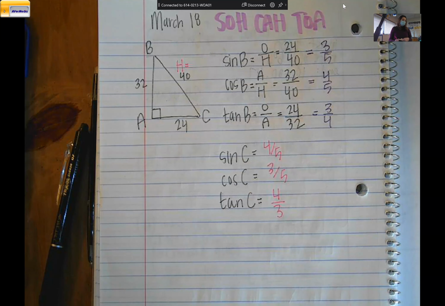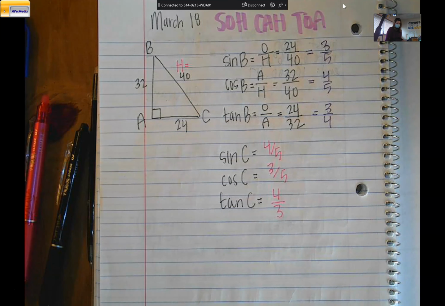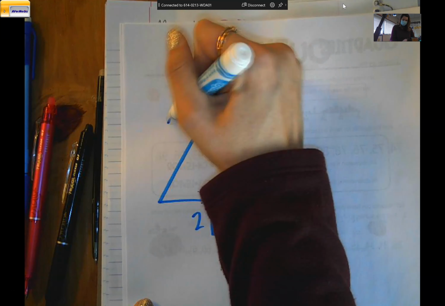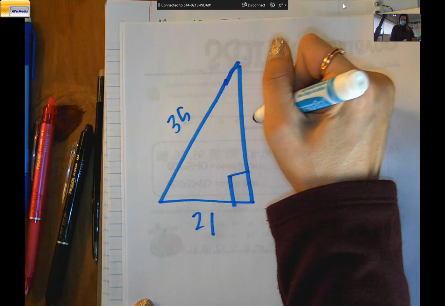For sure? Okay, you do not have to write these next ones down, because I'm only going to have you find one angle. So have your Desmos there, but I'm only going to have you do like tangent of one angle, so you don't need to write it down probably. Okay, here's our triangle. It's not awesome. 21, 35, 28.